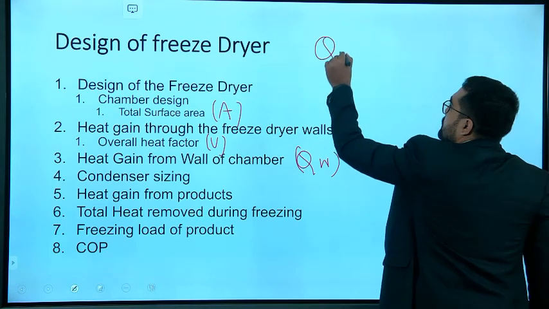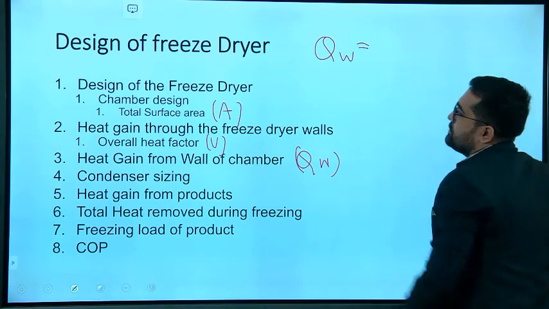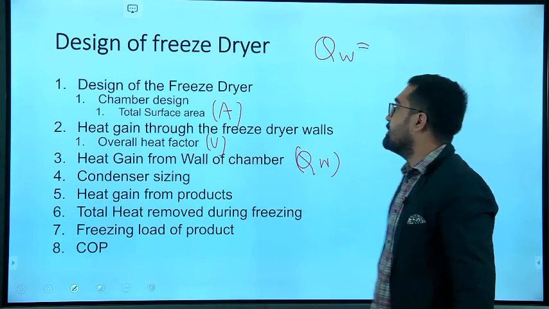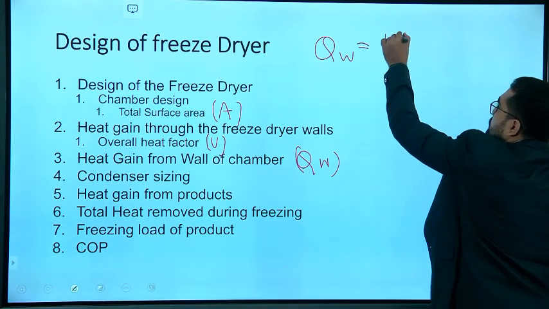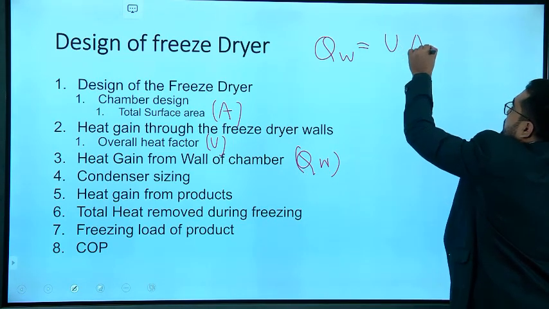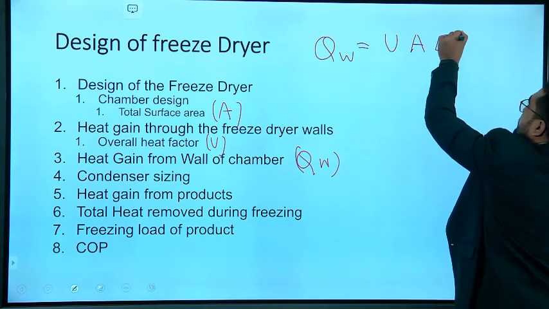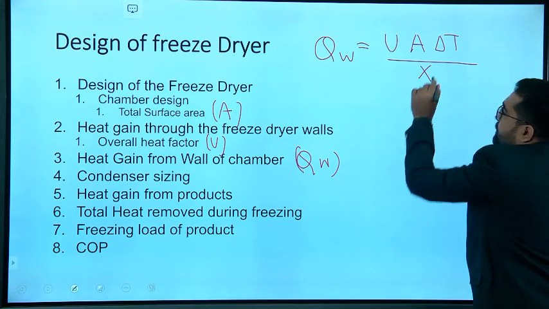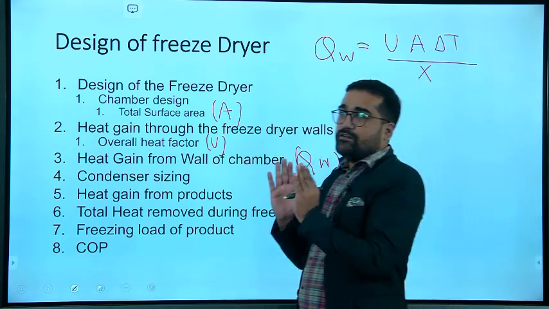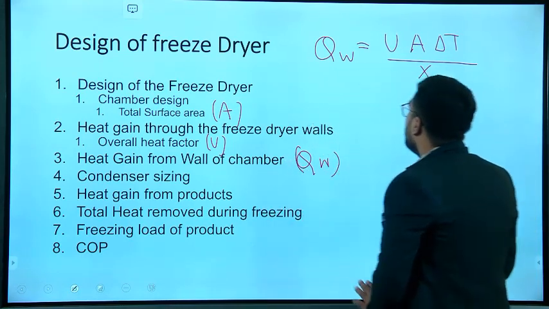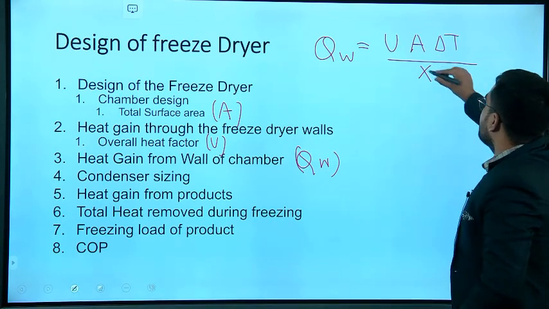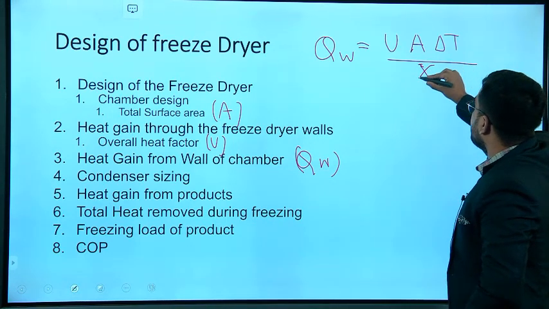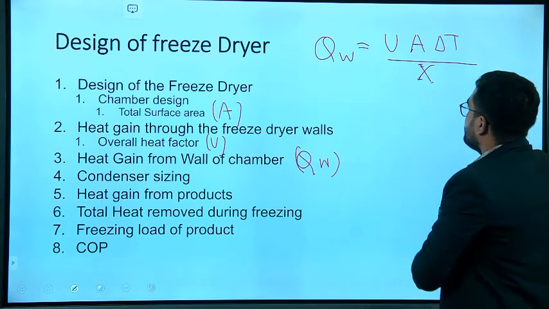So QW, which is equal to the heat gain from the wall of the chamber, is equal to U, which we already determined, times A, done, times delta T, the temperature difference across the wall, divided by X, the thickness of the wall. This X is the capital X, not the small x.